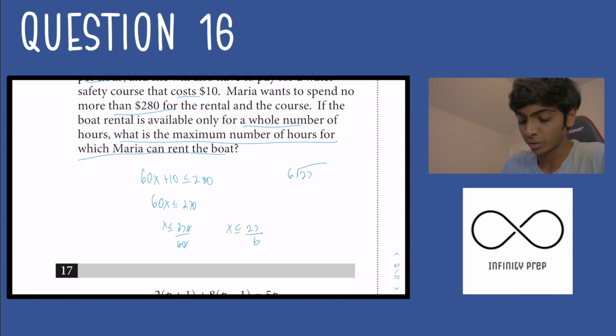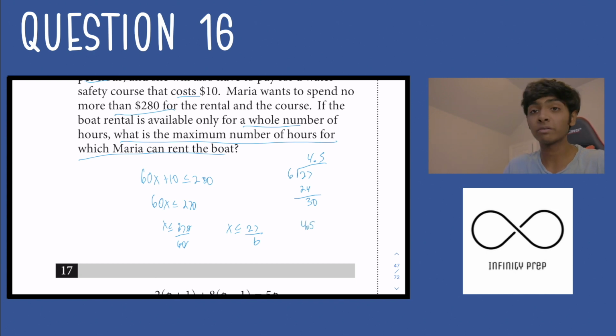And if we do the math, 6 can go into 27 4 times, and that's 24. Then we subtract and get a 3. Add a decimal, add a 0, and 6 can go into 30 5 times, so the answer is 4.5. But it's asking for the maximum whole hours, so it can't be 4.5. We have to round down, so the answer will be 4.